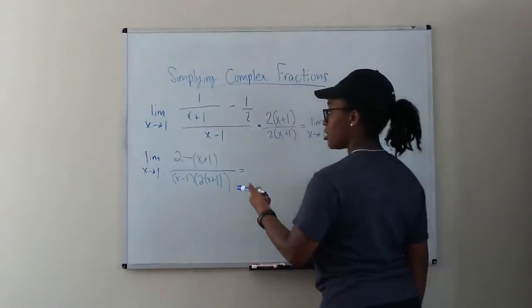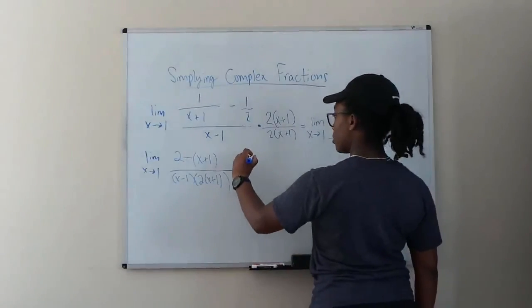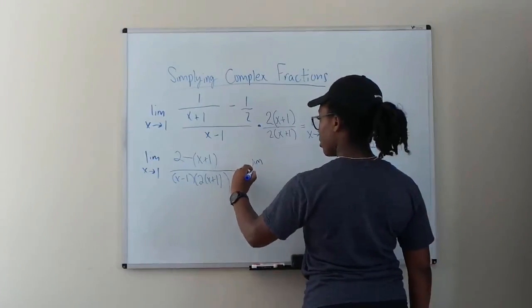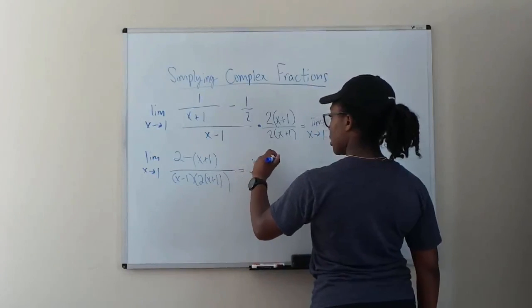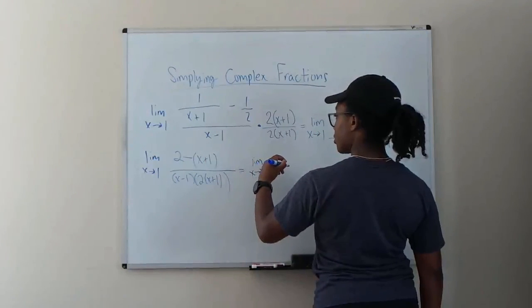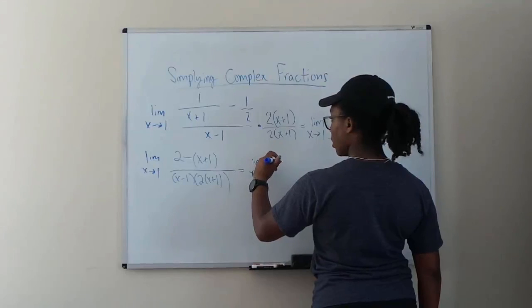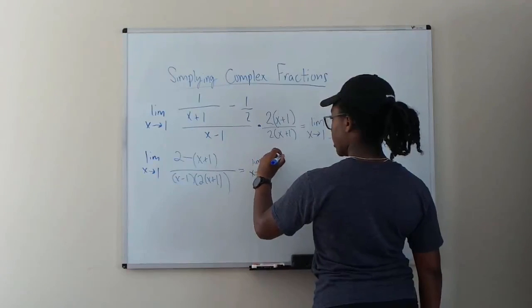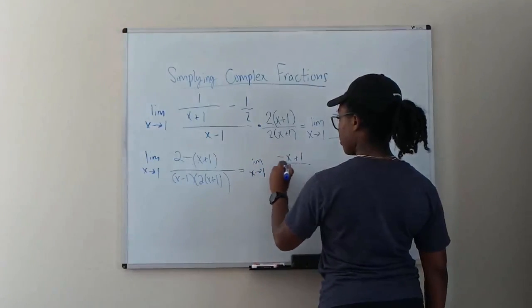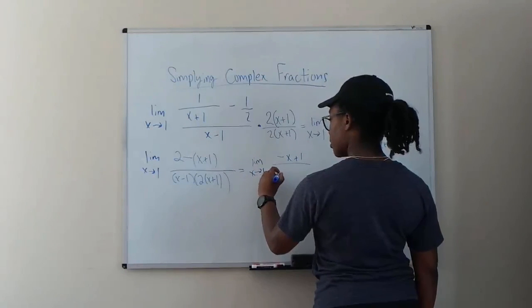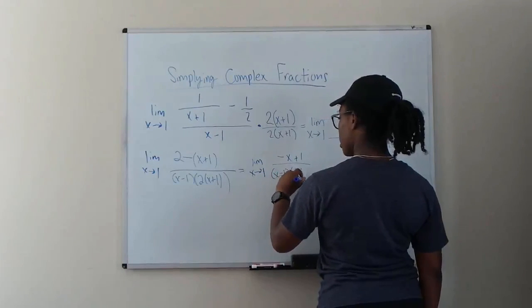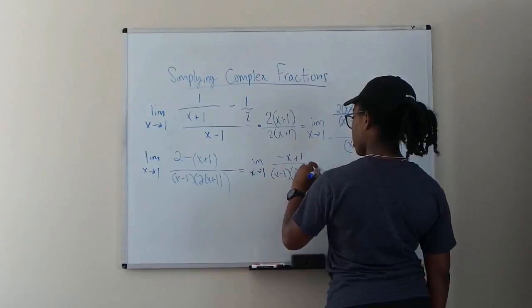Now let's simplify the top a little bit more, so it'll make it easier for us down the road. 2 minus 1 is just going to be 1, so we're going to have minus x plus 1, and then we're going to have x minus 1 still on the bottom, and then 2 times x plus 1.